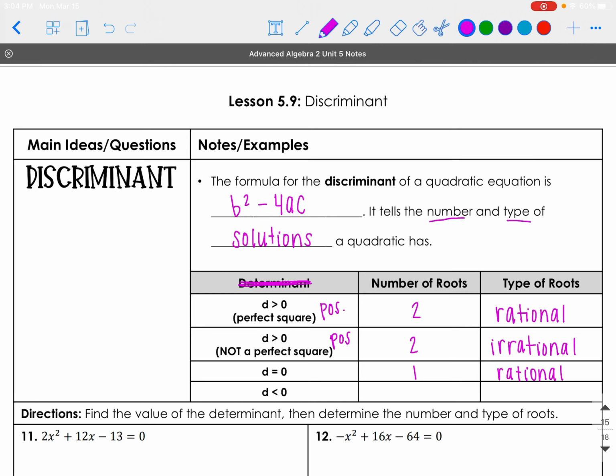If the discriminant is less than 0, meaning it's a negative number, then there are two imaginary solutions. So if you looked at the graph, it really doesn't cross the x-axis. We say that those solutions are imaginary.